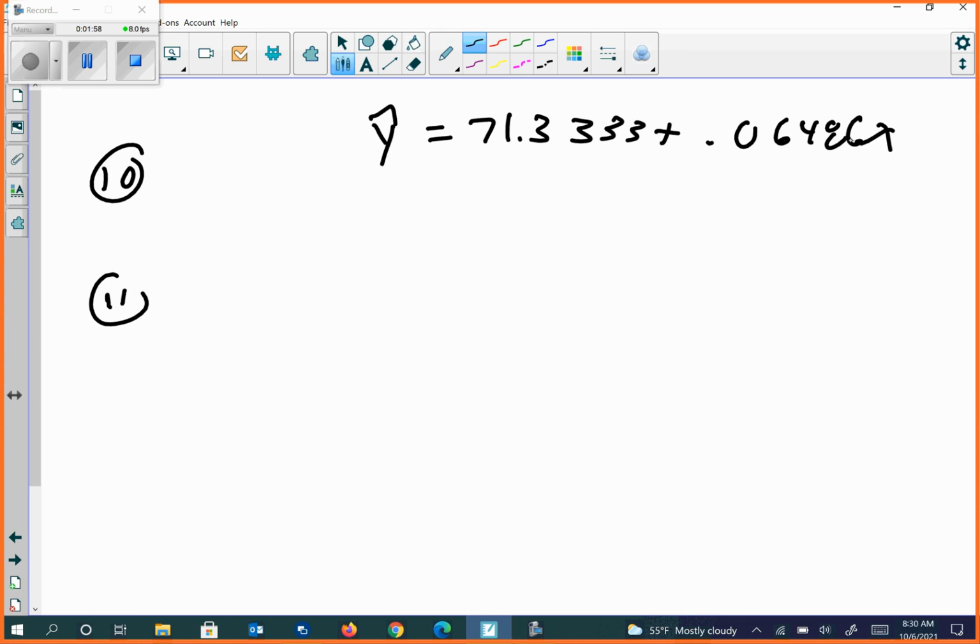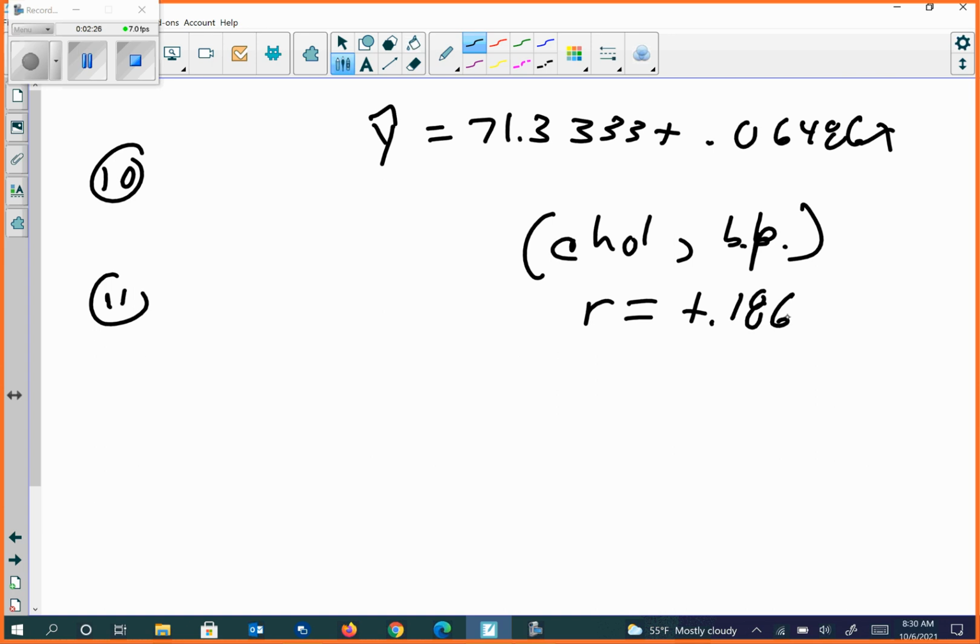So your X value is cholesterol, and your Y value is blood pressure, if I see that right. The result was a low order positive relationship existed. And then we have an R value of plus 0.186. So that's pretty cruddy data, but they still have it.